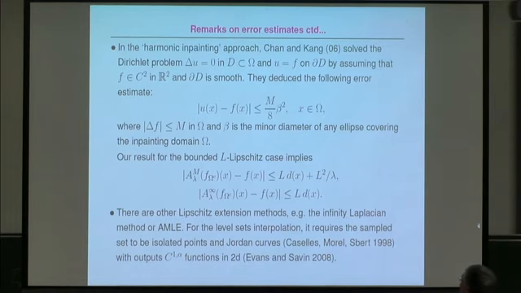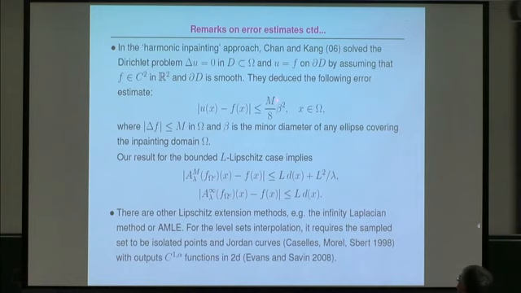Comparing with others, it's difficult to find such an estimate. So this is from Chan and Kang. The estimate uses the Laplacian in a subdomain of omega, under the Dirichlet condition.